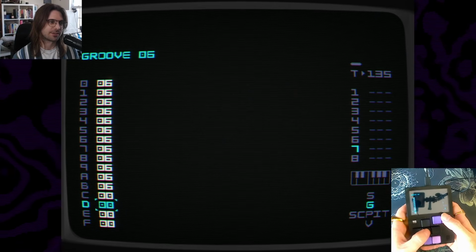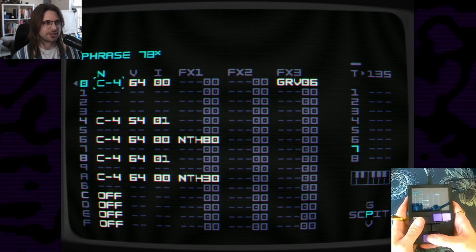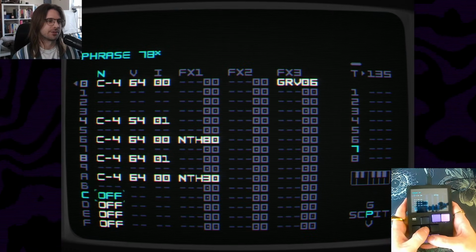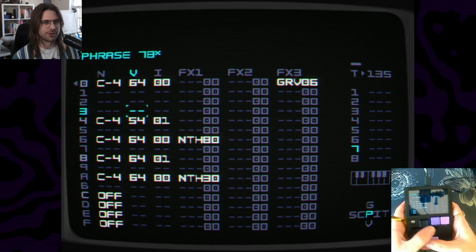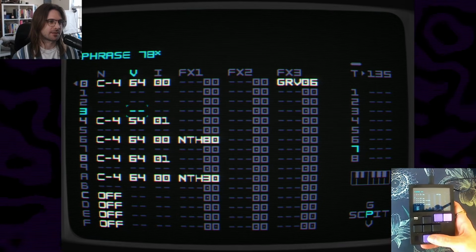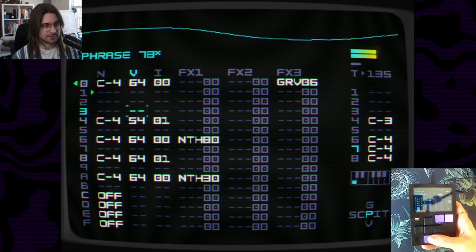Basically, I'm skipping the last 4 steps on the sequencer. I've also put these off commands here just to show that they're being skipped. What this does is effectively make the phrase run as if it was in 3/4.